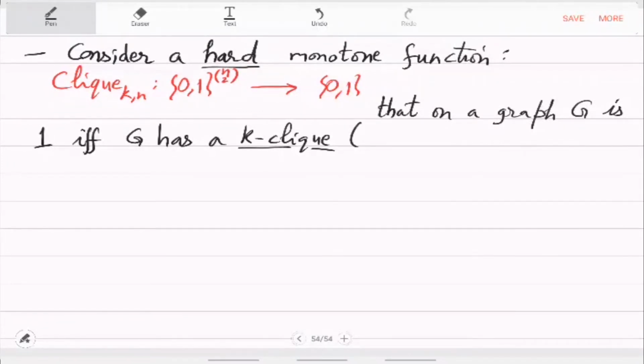K-clique means on K vertices a complete graph.